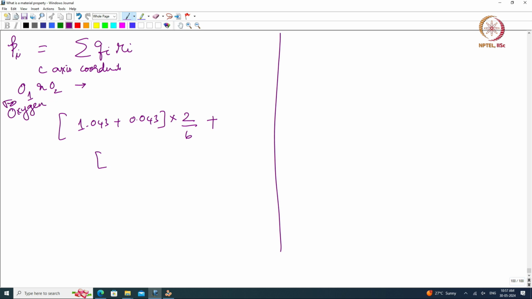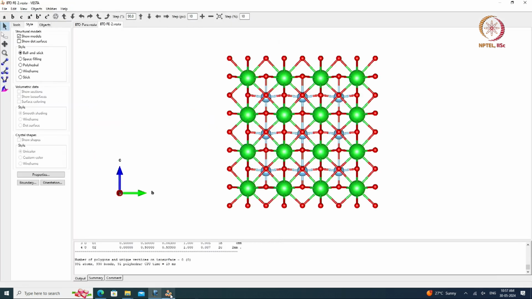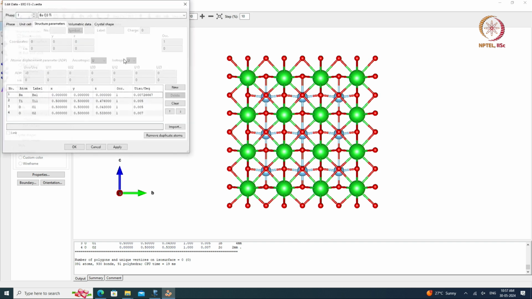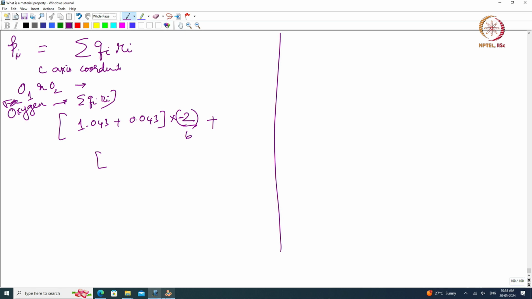For oxygen, what is sigma Qi Ri? Q is minus 2. Okay. If I look at the other oxygens, how much did they displace? The plane of 4 oxygens have all displaced by 0.533, so they are at 0.533 now, times minus 4 by 6.